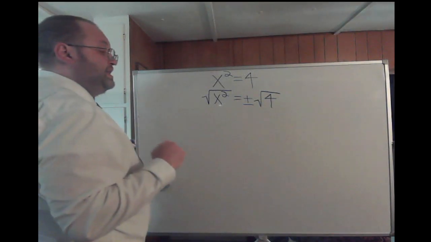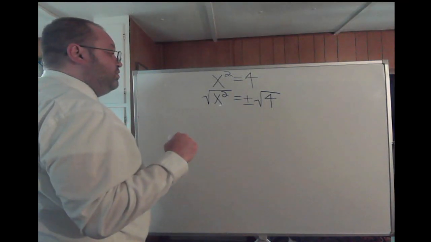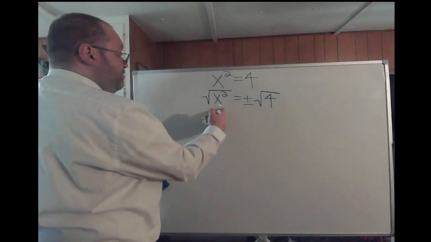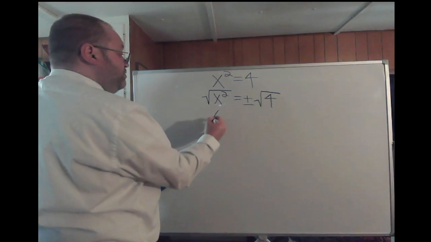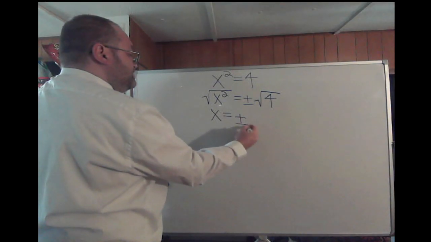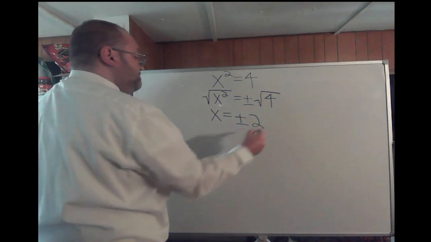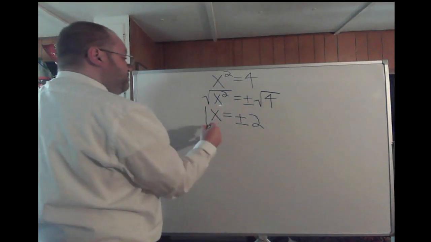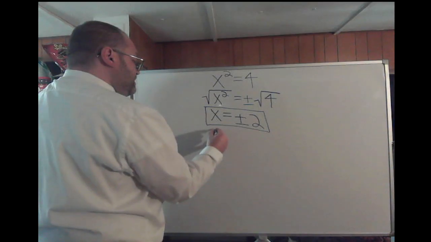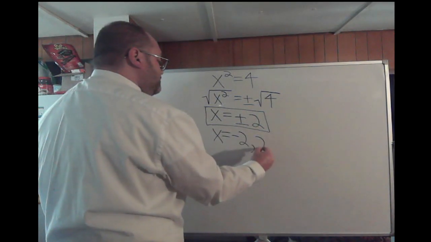We're going to get into that more in a minute, why it's both plus and minus the square root of 4. But the square root of x squared, we take the square root of something squared, it's just the variable itself. You'll get x is equal to that plus or minus, what is the square root of 4? It's 2. So x is equal to plus or minus 2, or you can write it as x is equal to negative 2 and 2.